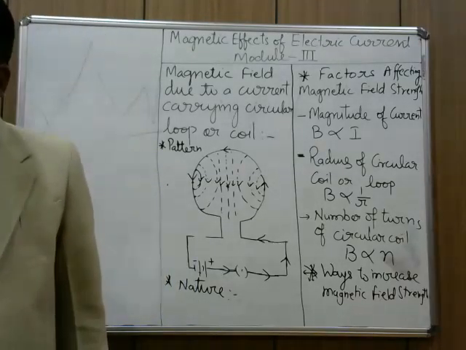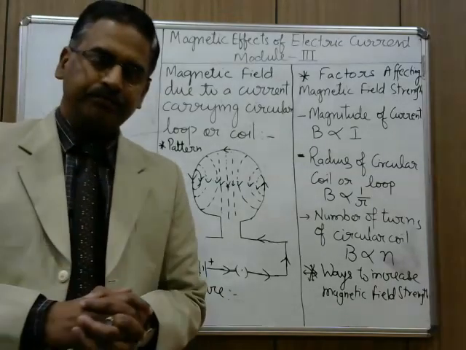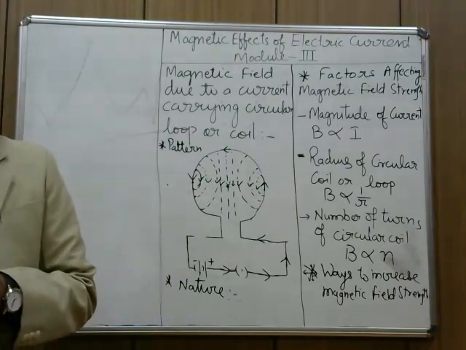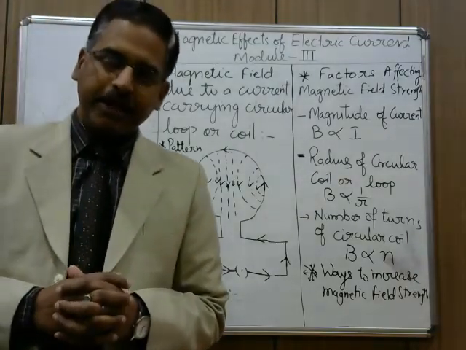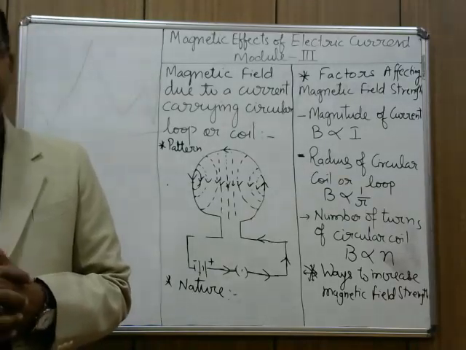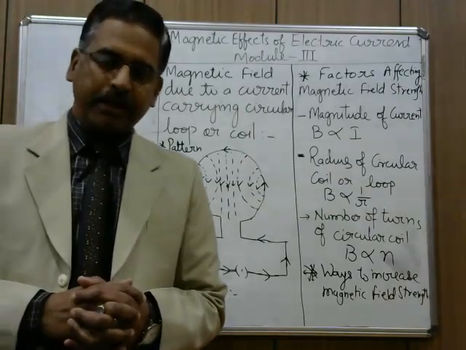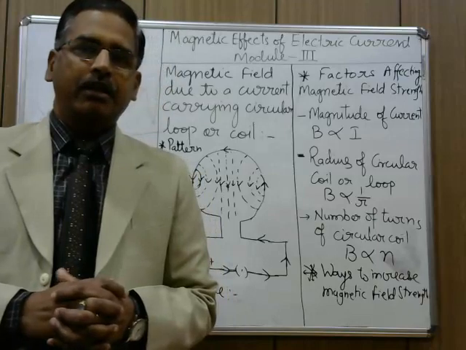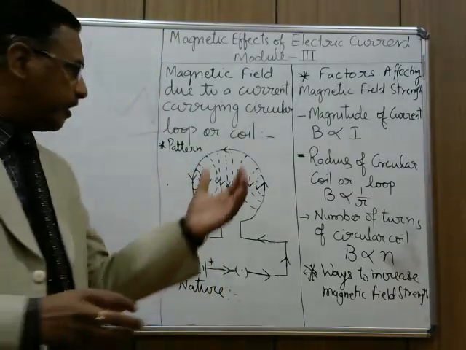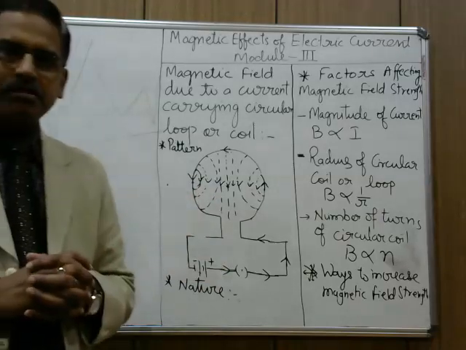Now, I would like to summarize the important points. Since a current carrying conductor behaves like a magnet, therefore a current carrying circular loop or coil also behaves like a magnet and hence produces a magnetic field. The pattern of magnetic field is like this.